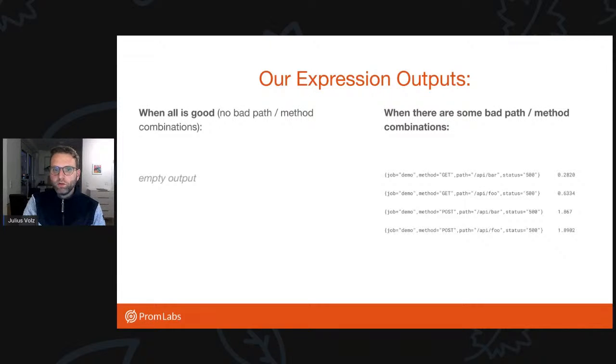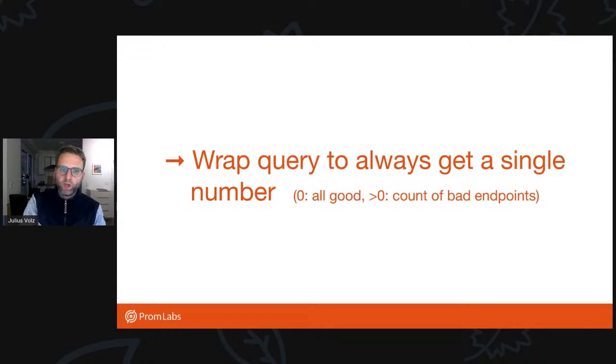So what could we do? For example, we could wrap the query around all of it and make it such that if it outputs a 0, all those combinations of path method are good. And otherwise, it would produce 1, 2, or 3, however many bad endpoint combinations there are.